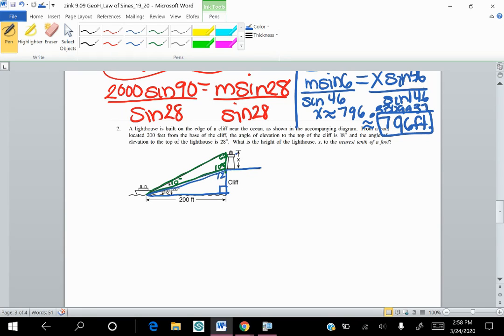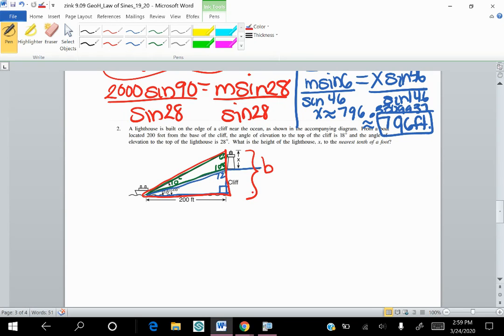I also could look at this big triangle here, I call this the red one, and say, okay, well, I know I have 200 is across from the sine of 62. And then I could find this whole side, maybe let's call this B, over the sine of my 28 degrees.